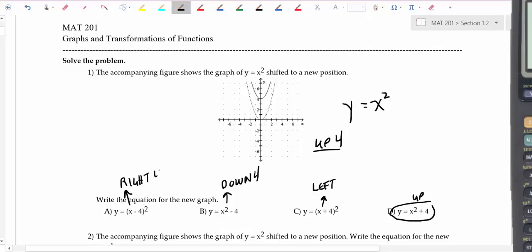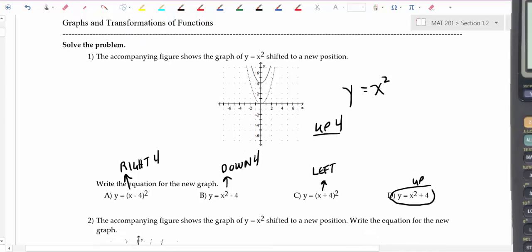Okay, so you want to remember this kind of stuff because there's going to be times when you need to quickly do a graph without getting a graphing calculator out, you just quickly draw a sketch of things like that. Okay, so the idea is, and I'd like you to write down just this little visual, if you have f of x plus or minus a, plus or minus b.